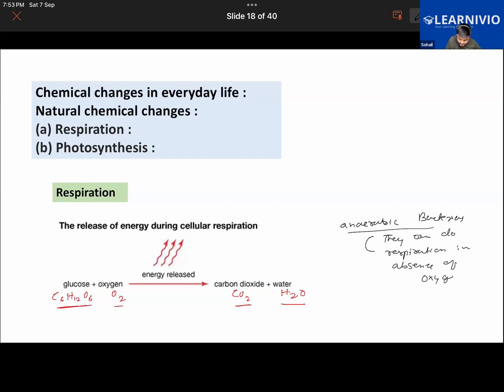Got the thing now? Yes. So these are two natural chemical changes that we observe on a day-to-day basis.